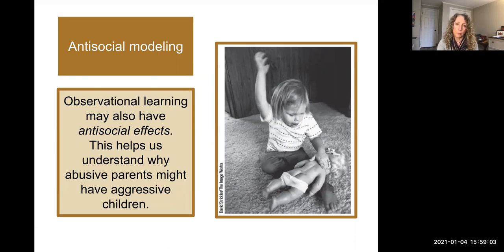As much as you hope that, through awareness, this could decrease, unfortunately the research does show that because of that modeling behavior, they are much more likely to become abusive parents to their own children in the future if they came from a home of abusive parents. It's because that's how they saw you deal with problems and things of that nature, through aggressive parenting. So it's unfortunate, but like I said, I think through awareness that could change.